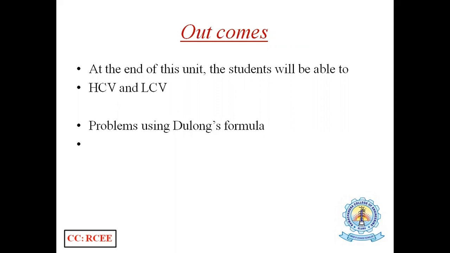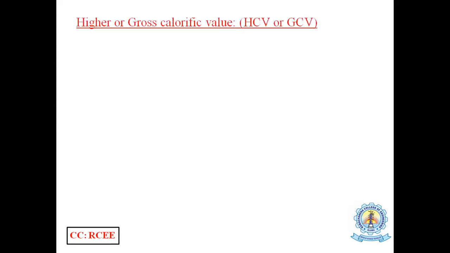Right. So when we talk about HCV, that is high calorific value, this is also called GCV, gross calorific value. There is no difference between these two: high calorific value or gross calorific value, that is total calorific value.